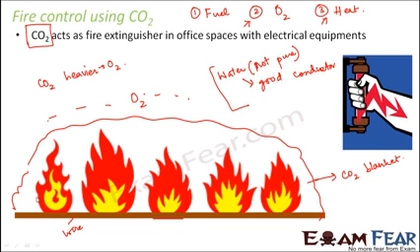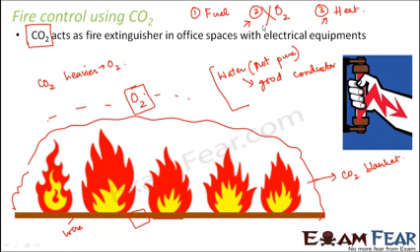Due to the presence of this blanket of carbon dioxide, the contact between oxygen and the substance, this is the substance, is cut. Since the supply of oxygen is cut, there is no combustion, so there is no fire. That is how carbon dioxide acts as a fire extinguisher.